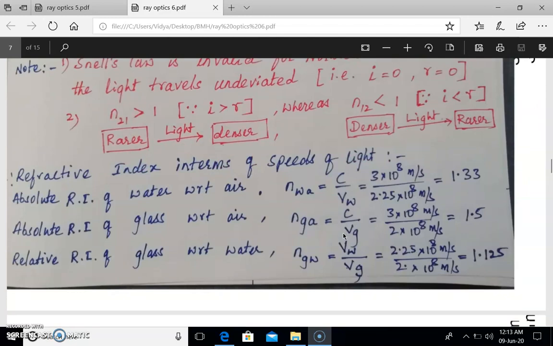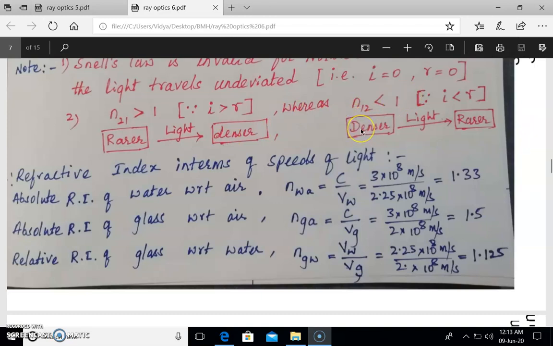The second one: the refractive index of a denser medium with respect to a rarer medium is always greater than 1. That is, since I is greater than R for light traveling from rarer to denser. Whereas n12 is less than 1.